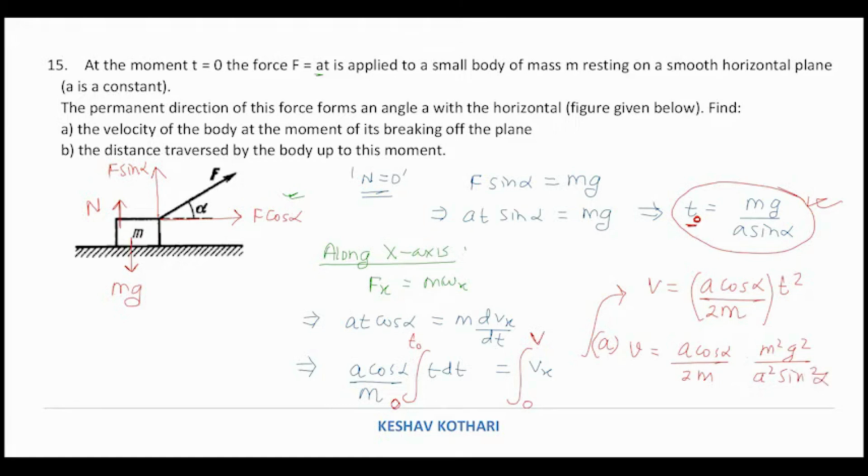On simplifying we obtain the velocity as v equal to m g square cos alpha by 2A sin square alpha. So this is the answer for part A.